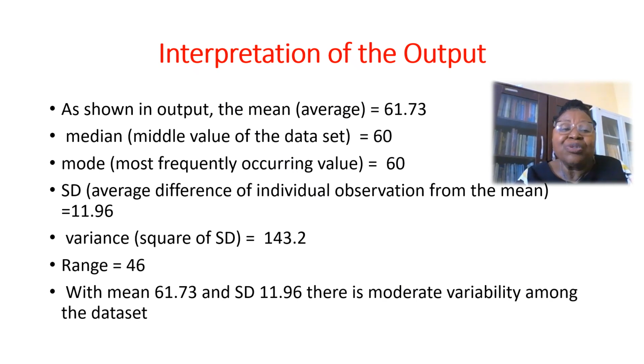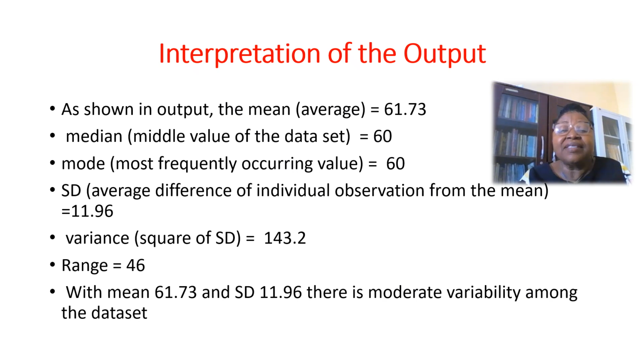As shown in the output, the mean is 61.73. Mode is 60, median is 60, standard deviation is 11.96, variance is 143.2, and the range is 46.